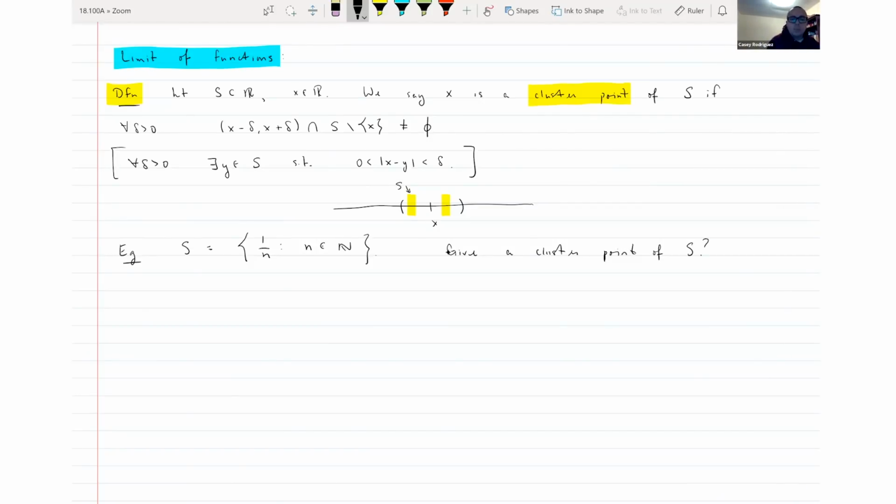Whoever first says it, what would be a cluster point of this set S? What would be a point in the real numbers so that there's a lot of S near it? Feel free to blurt it out if it comes to you.